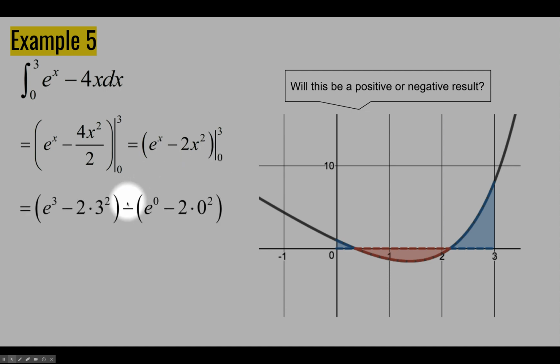So when I do that, this left set of parentheses is where I plug in 3. So e to the x becomes e to the 3. Minus 2x squared becomes 2 times 3 squared. When I plug in 0 into the antiderivative, I get e to the 0 minus 2 times 0 squared. And then there's a minus sign in between those two things.